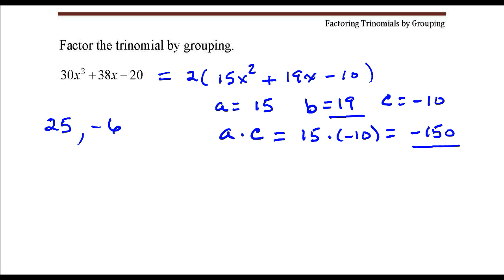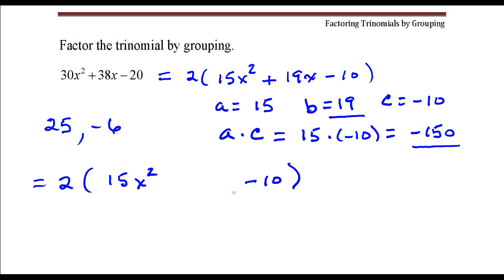So next thing we're going to do is, that's this 2 here that I wrote down here. Next we're going to write out the first term of this trinomial, and I'm going to write out the last term of the trinomial, but I'm going to leave some space in between.